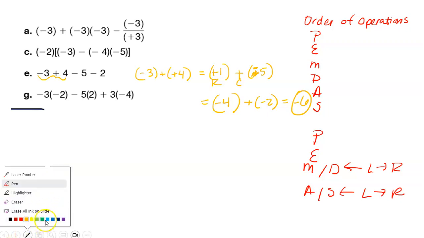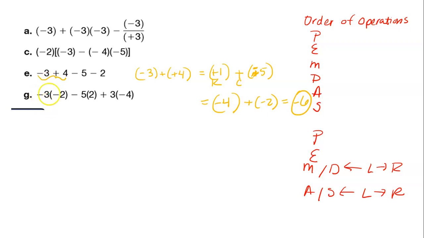Let me change colors and we'll do this last one. Okay, everything is multiplied in here. This needs to be multiplied. This needs to be multiplied. This needs to be multiplied. So we have negative 3 times a negative 2 gives me positive 6. Minus 5 times 2 is 10. Make that a positive 10 plus negative 4 times 3 is negative 12.